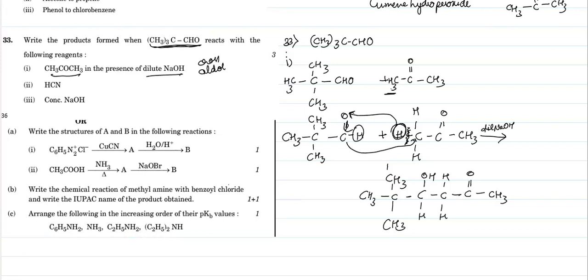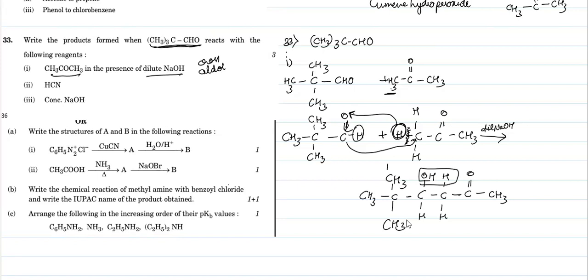And this is going to be our product. Now, the reason I'm not going forward with the elimination of a water molecule and having a double bond between these 2 carbon atoms is because they haven't mentioned that that step has happened. They're just mentioning that it reacts in the presence of dilute NaOH, and so we stop this reaction over here.